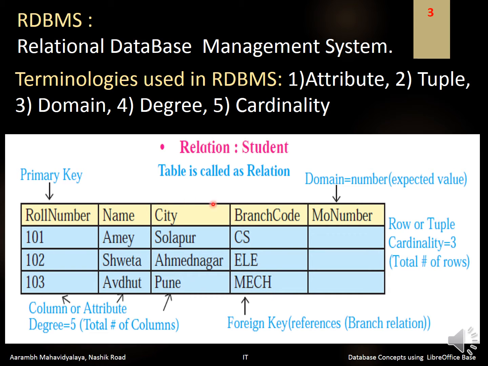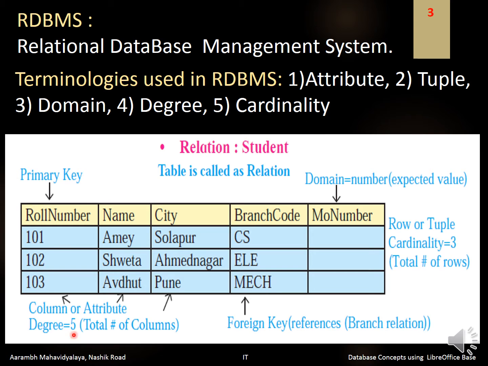Depending on these rows and columns, RDBMS has different terminologies. Now let us see these terminologies in detail. The first terminology is attribute, the second is tuple, the third is domain, the fourth is degree, and the fifth is cardinality.